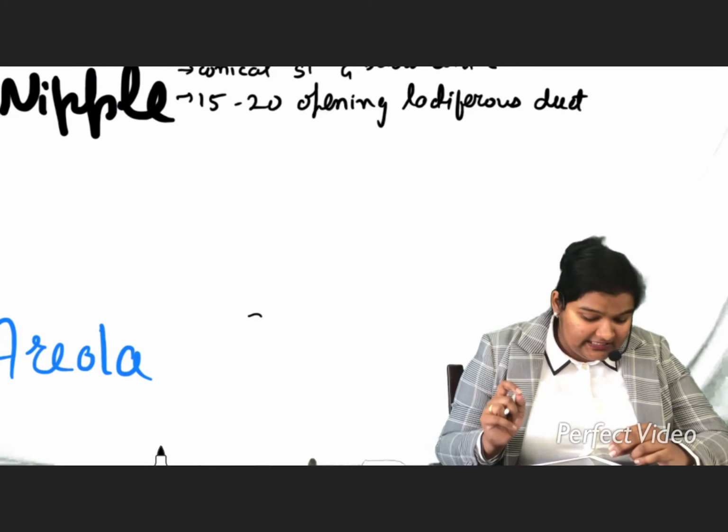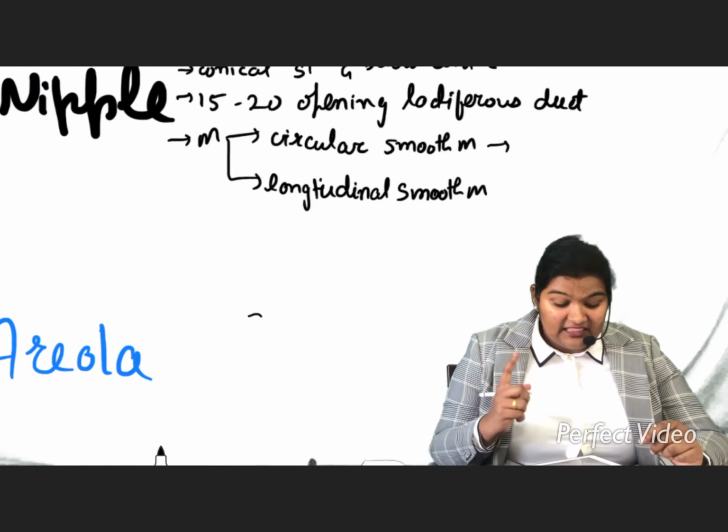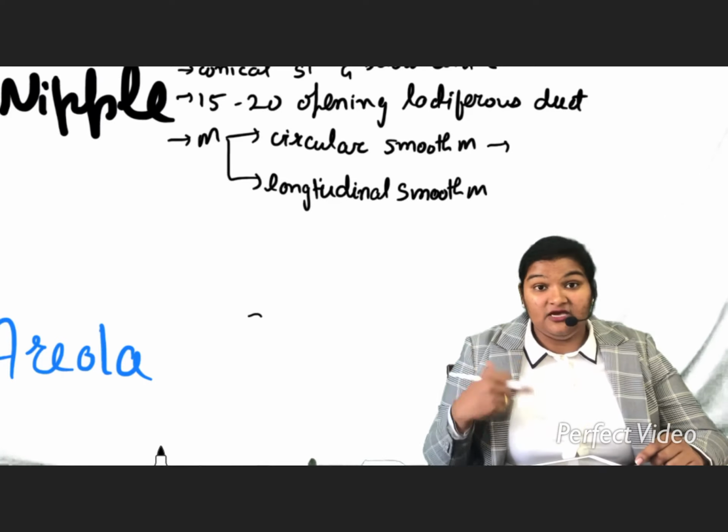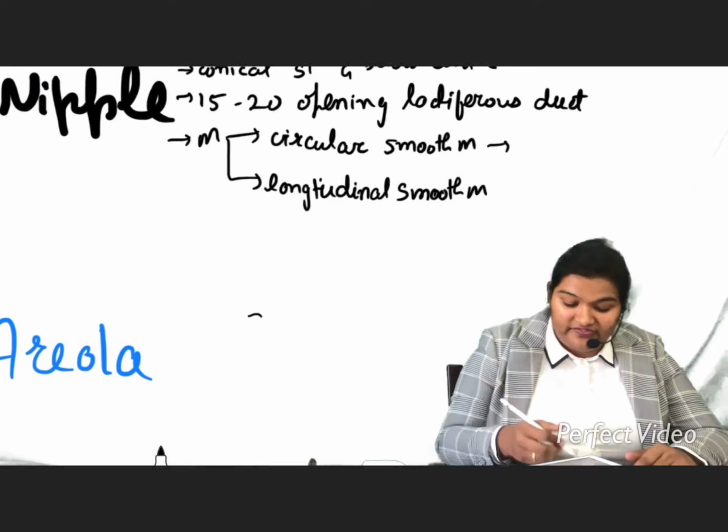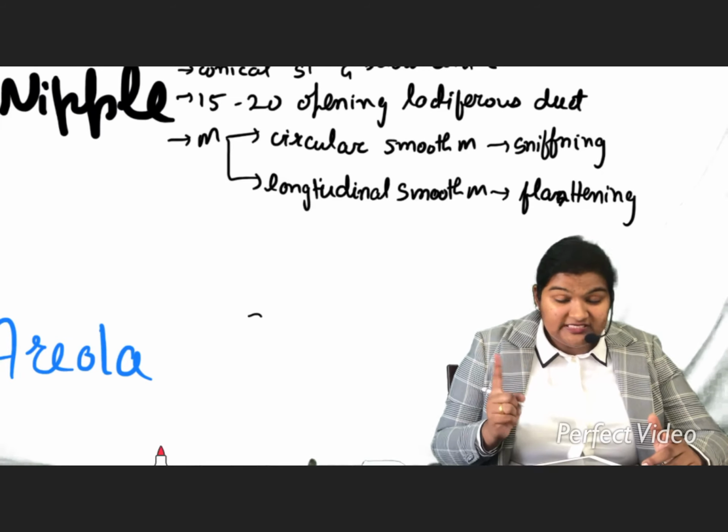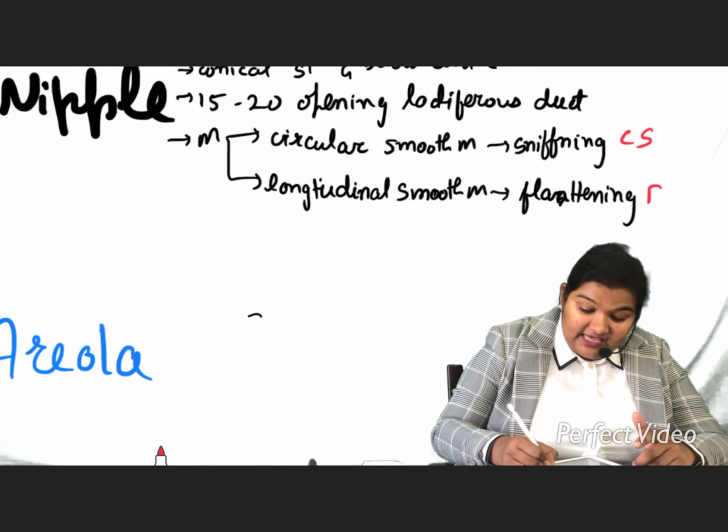The circular smooth muscle on contraction causes stiffening of the nipple, and the longitudinal muscle brings about flattening of the nipple. So how are you going to learn this? CSLF: circular stiffening, longitudinal flattening.